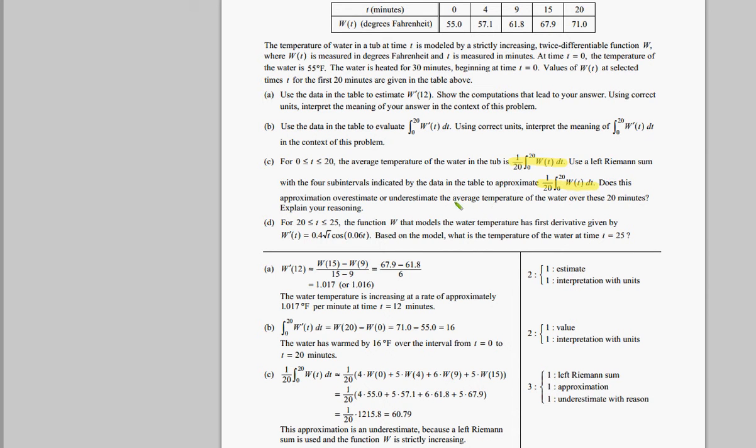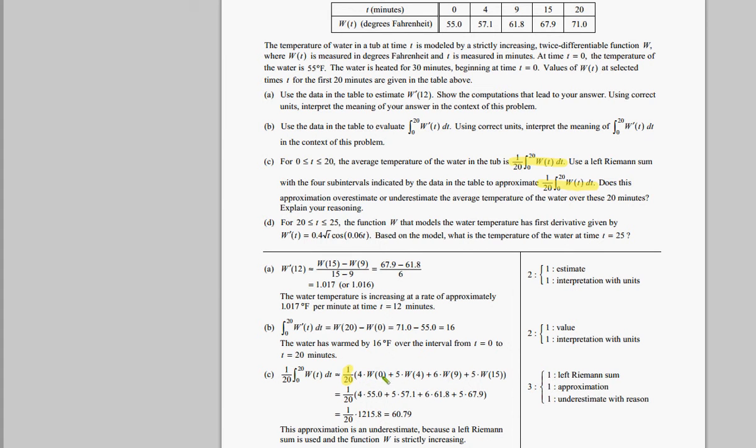Is the approximation an overestimate or an underestimate, and explain why. If we look at this answer down here, the 1 over 20 continues on. Make sure that the work that you have is mathematically accurate, that you aren't separating things by equal signs when they aren't actually equal, with a 1 over 20 in the first part and not in the second part. Just continue it on throughout.